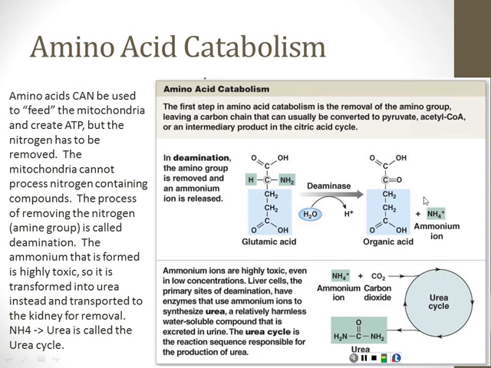So what the cells do is take an ammonium and add it to a carbon dioxide molecule through this process called the urea cycle. And what you get out is this compound that looks like this. It has 2 nitrogens, an oxygen, a carbon, and a bunch of hydrogens, right?